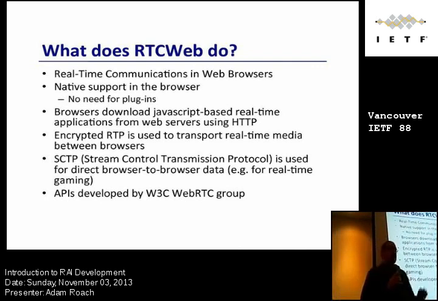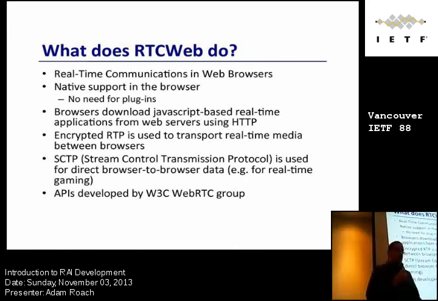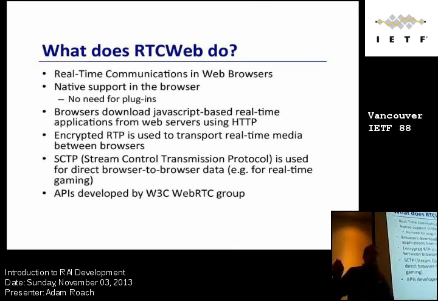There's a set of APIs being done inside the web browser that allow these scripts to request access to the network for sending and receiving media. And then on the IETF side, there's the description of all the stuff that's going on the wire. So you're downloading these scripts along with the web pages, and they are able to set up a direct media stream with another web browser.